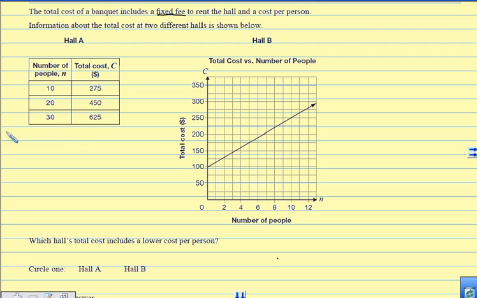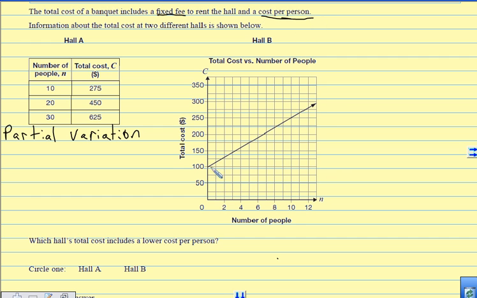Well, this is partial variation. Now, the fixed fee: there's a fixed fee, and then it goes up by so much, so there's the fixed fee, and then there's the cost per person that it goes up by each time.